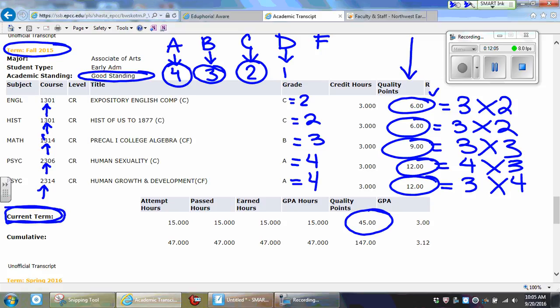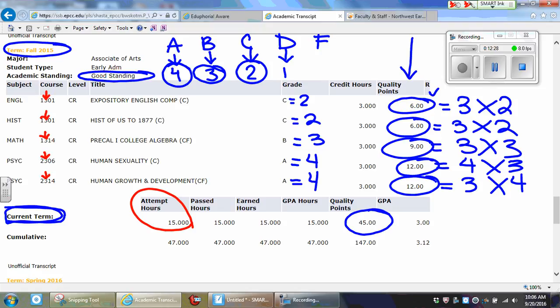Now you can see here the number of attempted hours. Those were 15. Let's review, how do you get those? To get the attempted hours, you add all the credits of your classes. So it will be 3 plus 3 plus 3 plus 3 plus 3, or 5 times 3, right?